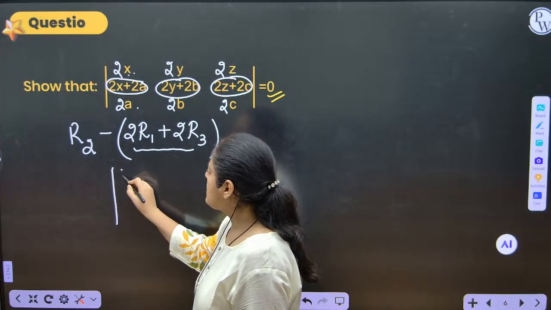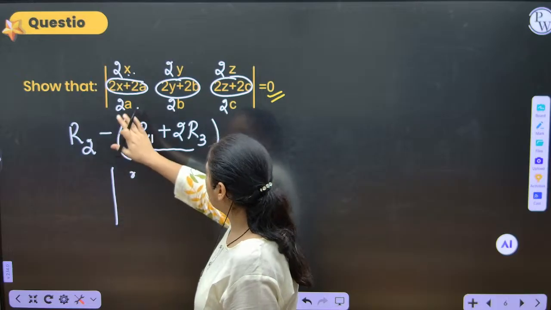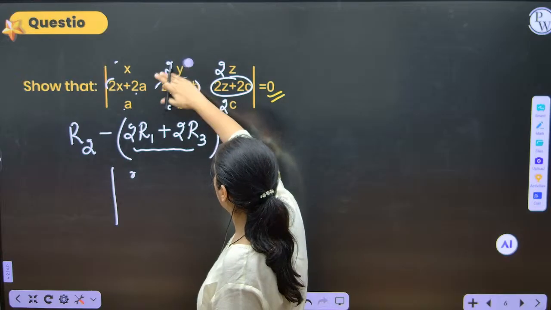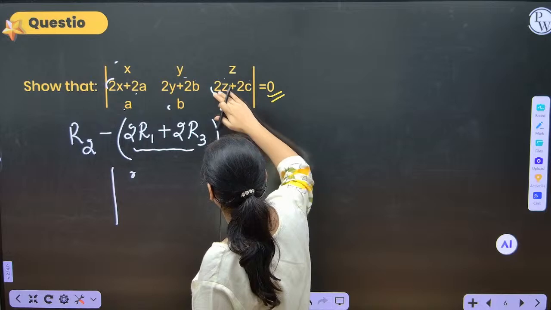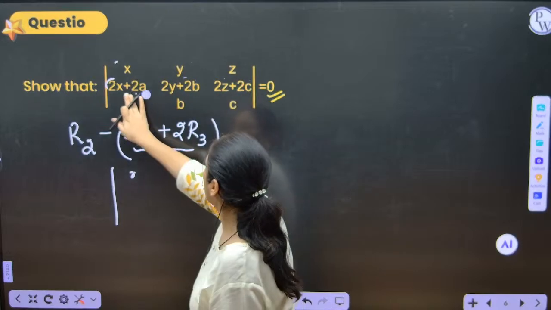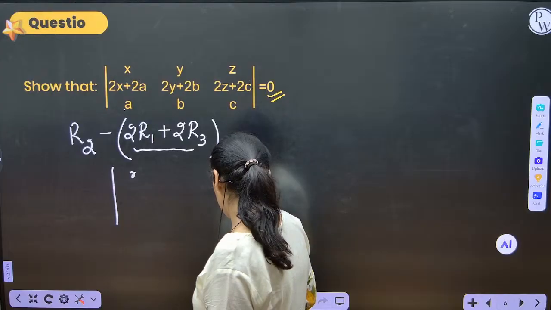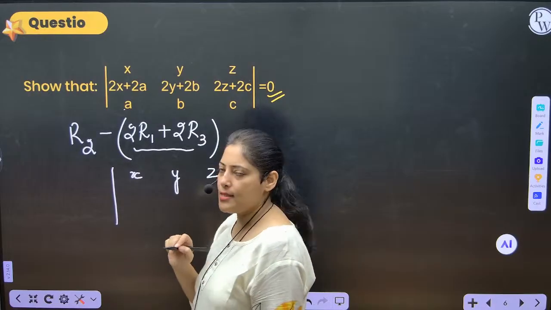Now this is 2x only. Alright. This is x, y and z as it is.